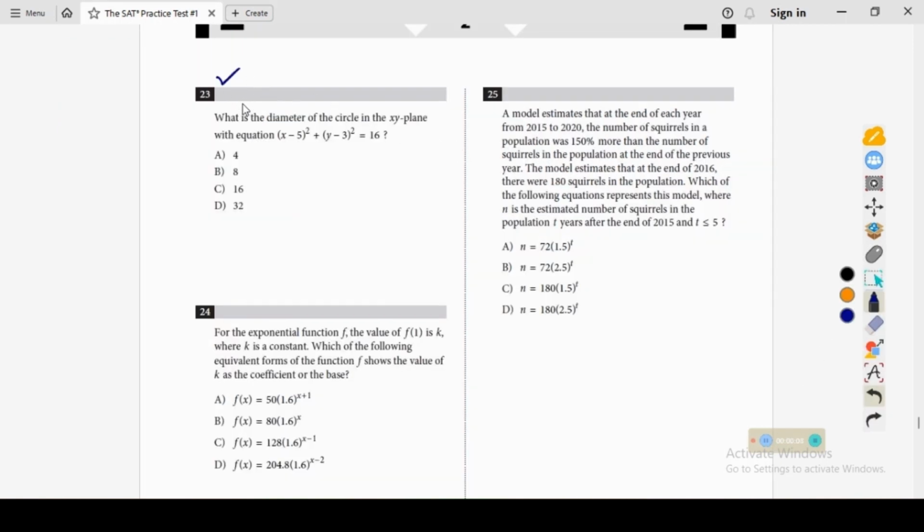In question number 23, what is the diameter of the circle in the xy plane with equation (x minus 5) whole squared plus (y minus 3) whole squared equals 16?